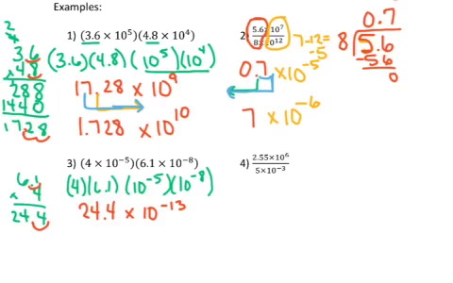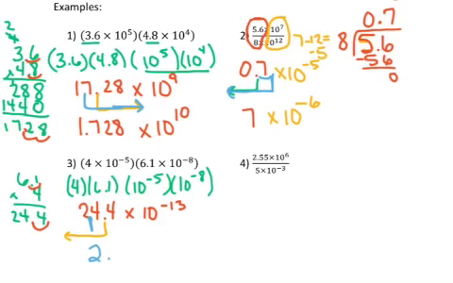So there's my answer. We check to see if it's in scientific notation. 24.4 is too big. So let's review. We know that this negative 13 as the exponent moves it left 13 times. And we need to put the decimal point right here so that the number's between 1 and 10.